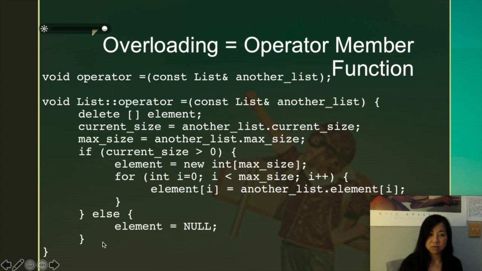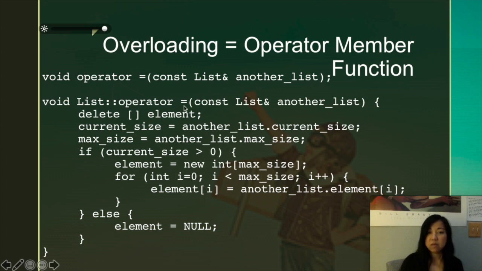Basically, this code is from the copy constructor, doing exactly the same thing. You set up the current size, set up the max size equal to the other list, and then you call new to allocate memory for the current size or the max size, and then copy each element from the other list to the current list that you are dealing with.